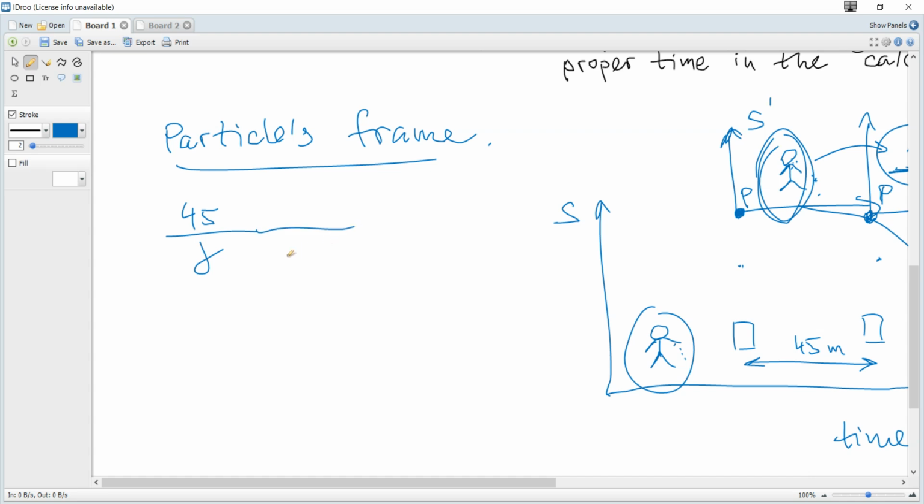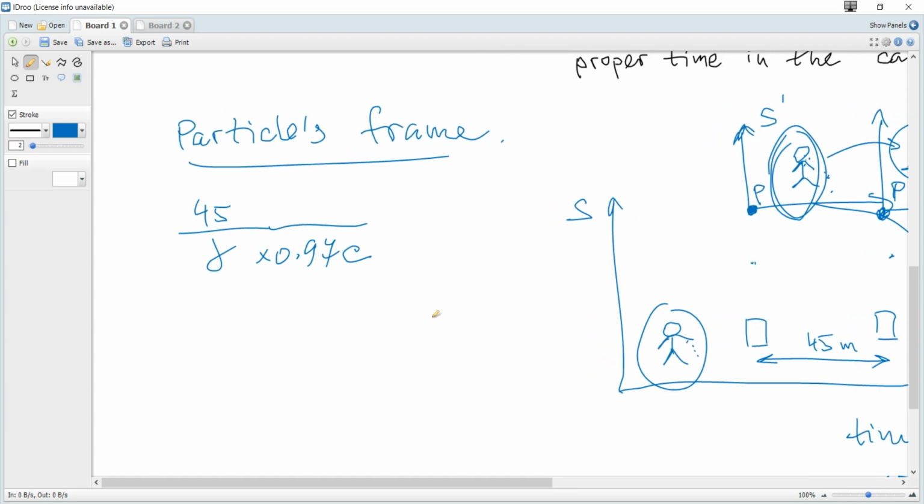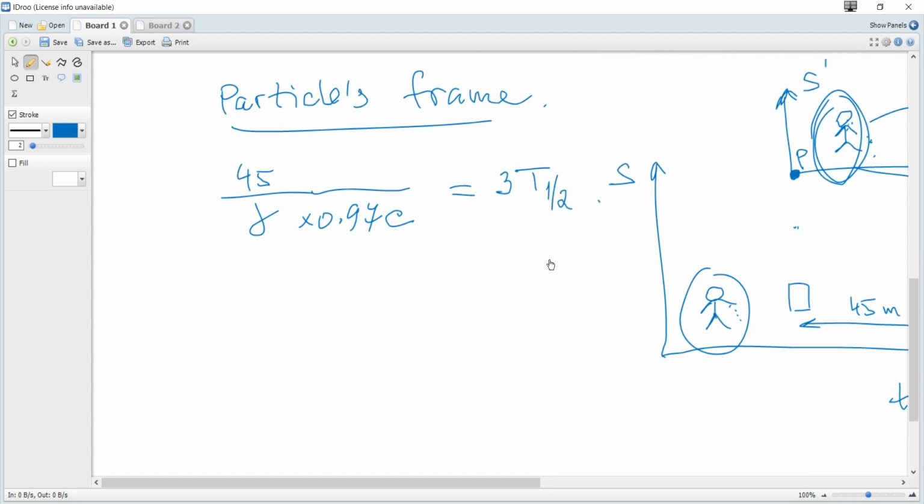But when we divide by speed, we get the time measured in S prime, and it will be the required proper time, the time required in S prime, and this time is equal to 3 half-lives.